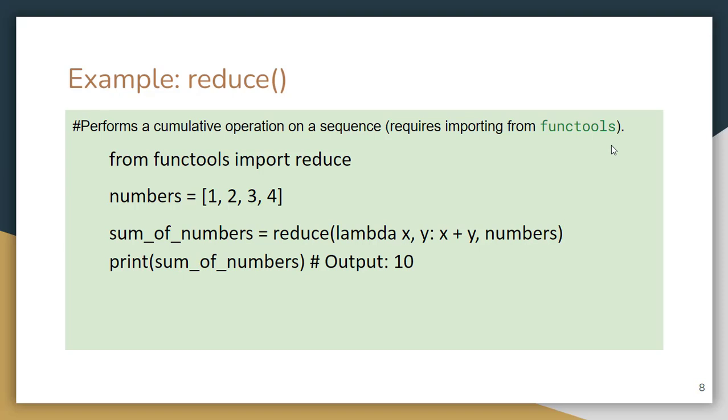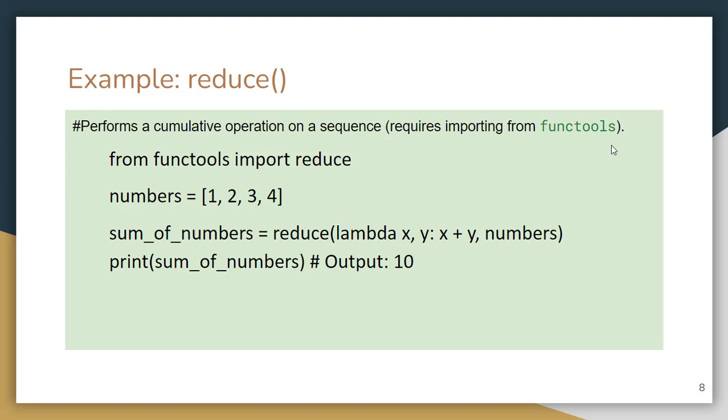The next example is reduce. Reduce is used to perform cumulative operations on a sequence and requires importing: from functools import reduce. numbers is a list and the elements of the list are 1, 2, 3, 4. sum_of_numbers is the sum of the numbers, that is, we are going to calculate the sum of the elements of the list 1, 2, 3, 4. sum_of_numbers = reduce(lambda x, y: x + y, numbers), where x and y are elements of the list.